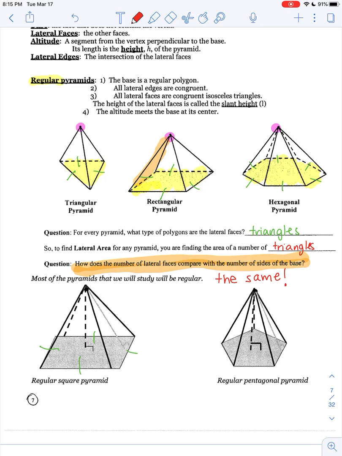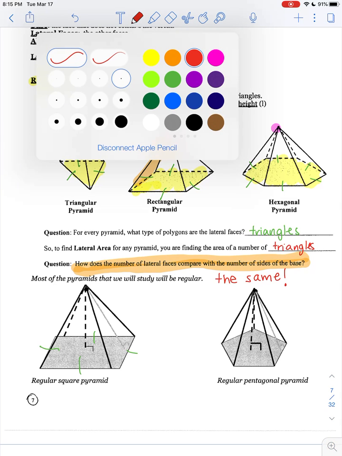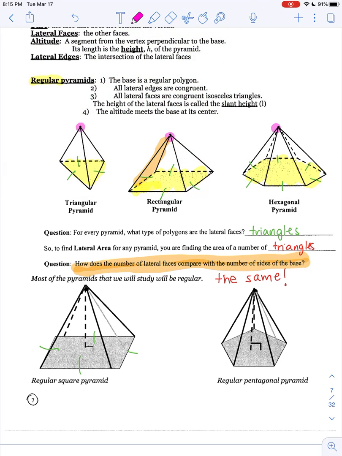In order to do that, we have to consider a feature that is unique to the pyramid, and that's something called a slant height. Slant just indicates that the height of each one of your lateral faces has a slant to it. So I'm going to do the best I can to draw the slant height here.